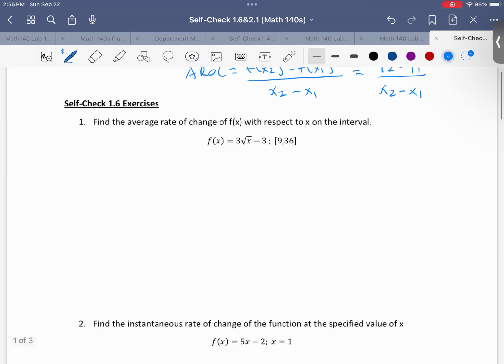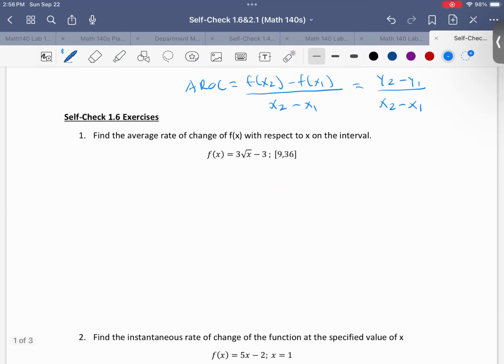We're going to use the same formula to find this. So to find the average rate of change on this interval 9 to 36, this is just f of 36 minus f of 9 all over 36 minus 9.